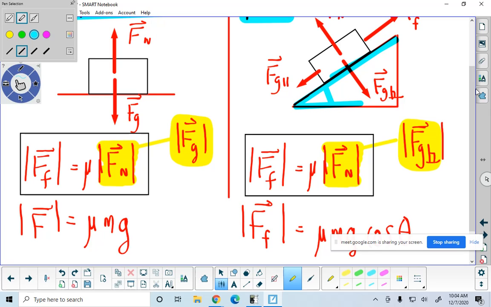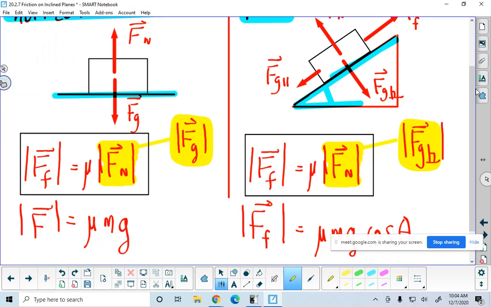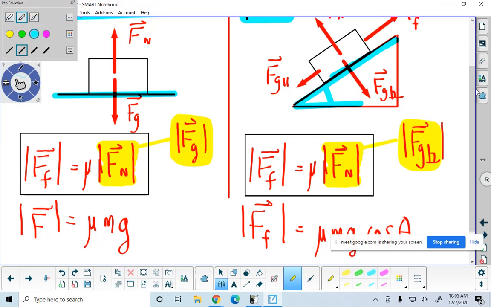When you think of the surface on the left, I want everybody to think about what the angle is between that surface and the horizontal. How many degrees is it? It's 0, right? Theta is 0 degrees over here.